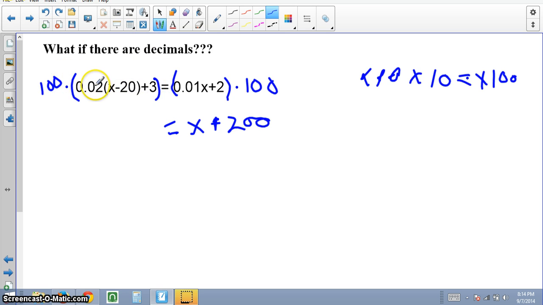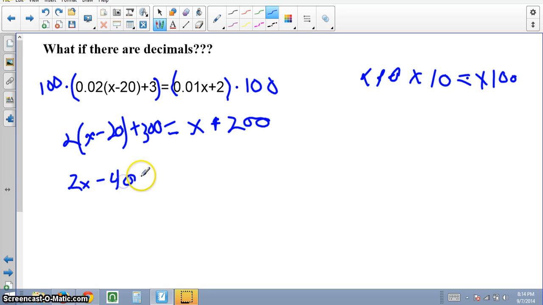So you do 100 times 0.02, and it's 2, times x minus 20, plus 300. From here on out, it's a regular standard problem. The only slightly weird thing is that you have to distribute the 2. You should be okay with that. We practiced problems on Friday that required it. Do that.